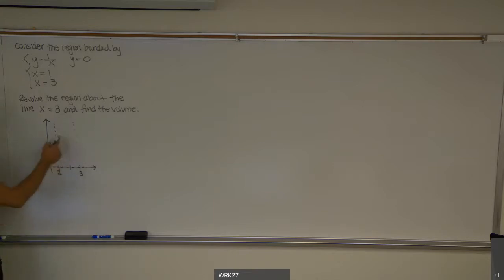Now, if I look at the bounds I already have, it's going to be somewhere between 1 and 3 then. If I look at the output of 1 over x at 1, don't worry, it's not to scale, we get 1. If I look at the output of this function at 3, we get 1/3. Now the 1 over x function in general looks something like this, right?